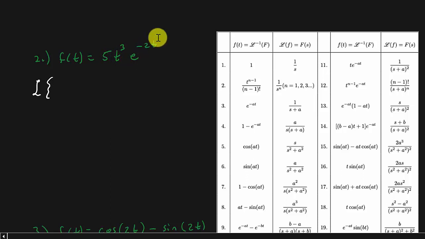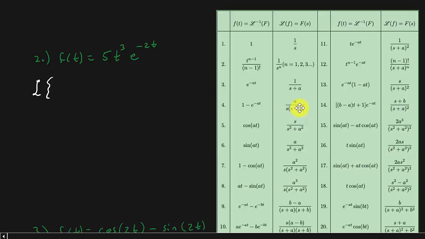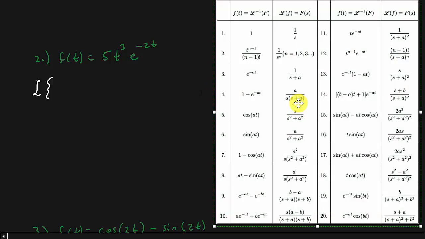Now, if you notice in the table, the ones that you're looking to match, see here how we've got this 5. Notice we don't really have any constants in front. So what I can do with this 5 is pull it out. You can pull a constant out, and that's going to be t cubed e to the negative 2t.